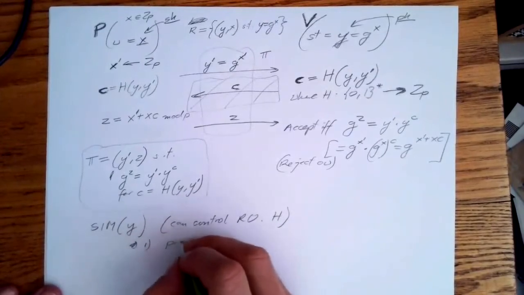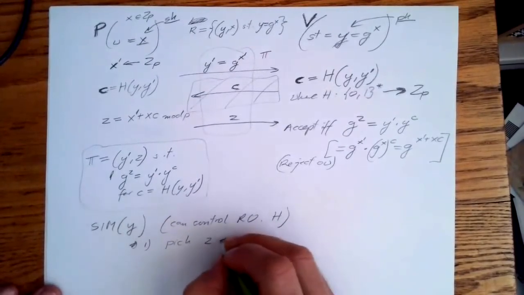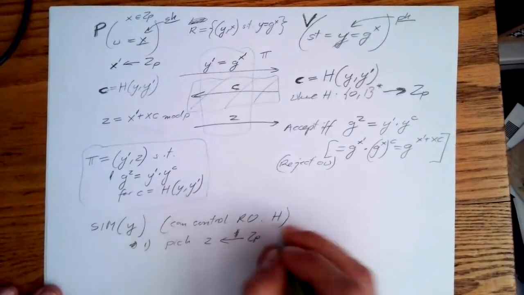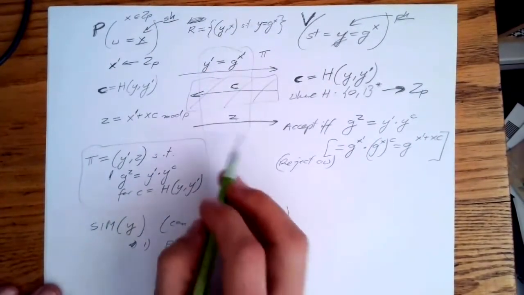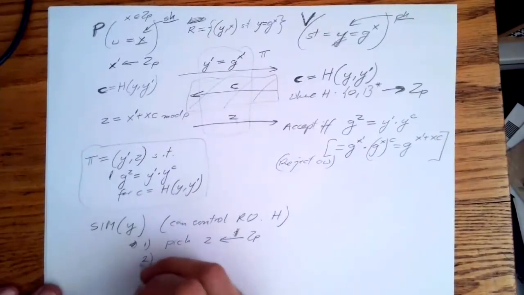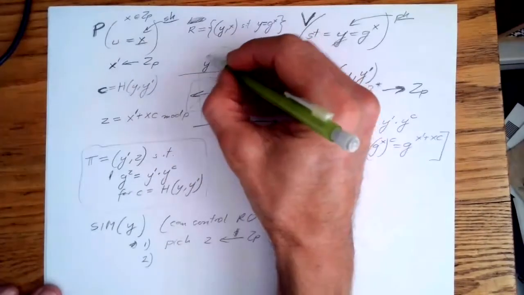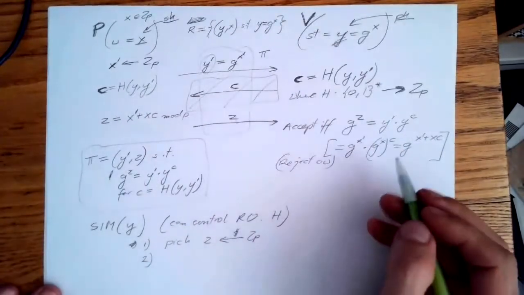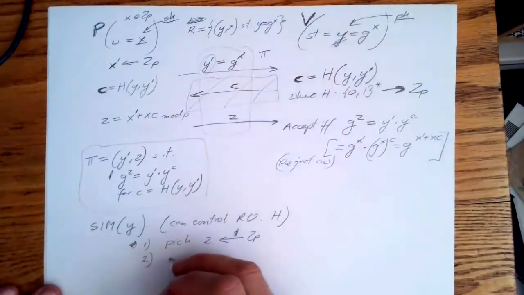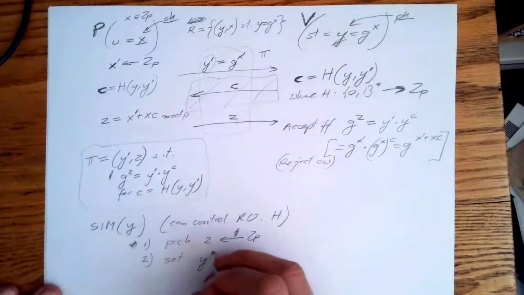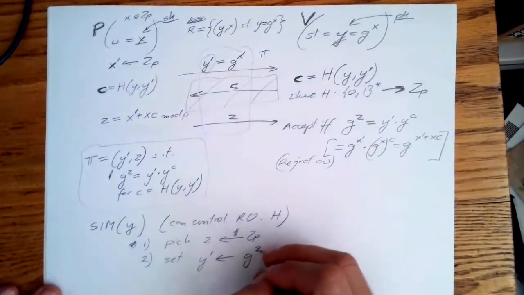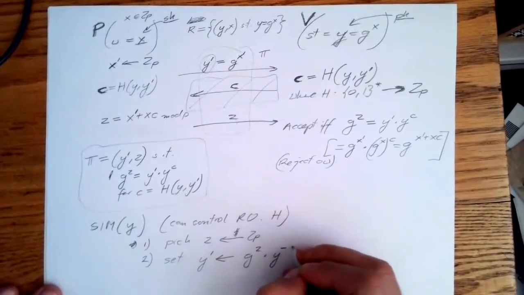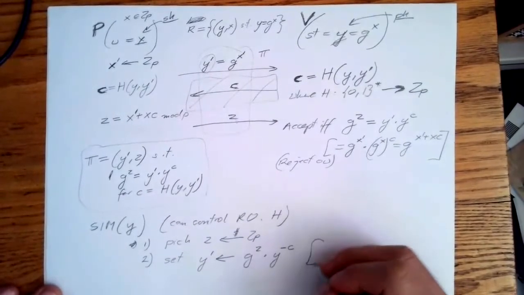First, pick a random z in Z_p. So pick the random response. Compute the first message in the way that fits the verification equation. Set y prime to be g to the z times y to the minus c, right?